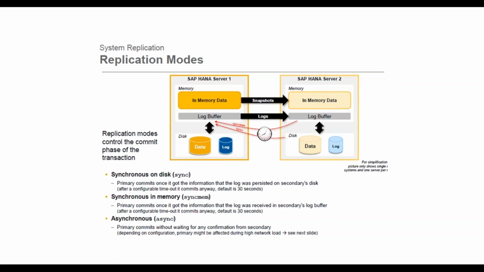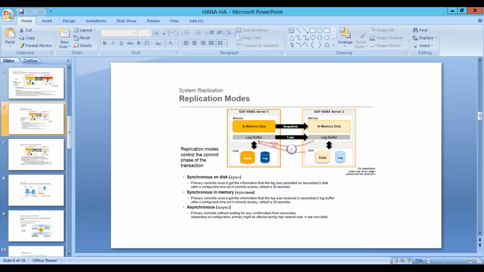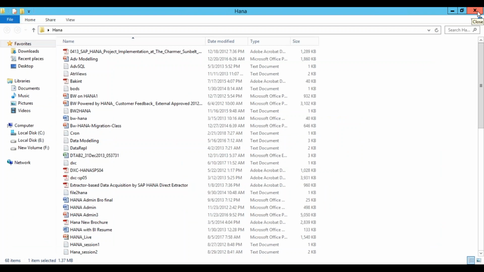Whereas the other one, called operation modes, basically decides the takeover time. If you go with log replay, the takeover time is very, very less. If you go with delta data shipping, takeover times will be more. Delta data shipping is an old concept. From SPS 11 onwards, SAP has introduced log replay, and in 2.0 we have seen log replay with the read access active concept.